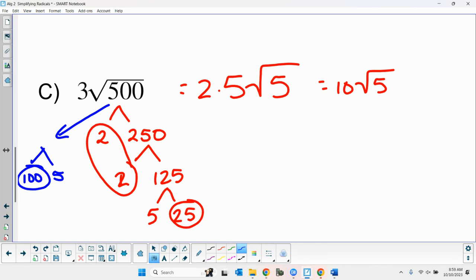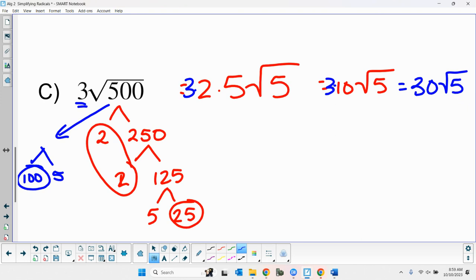What about the 3? Oh, I get ahead of myself, and I forgot about the 3. Thank you. What do I do with that 3 and the 2 and the 5? You got to multiply them. I forgot. I was getting ahead of myself here. So the answer is actually 30 times the square root of 5.